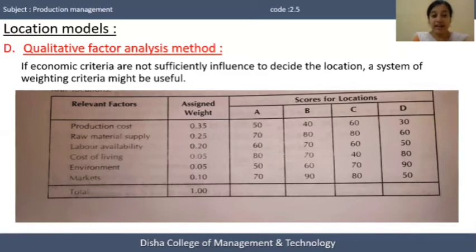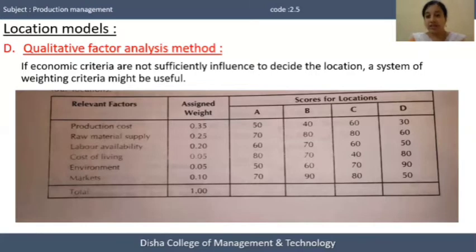After that, he assigns a particular weightage to the factors out of one. He has to assign the highest weight to a factor which is more important to them, and the sum of the weights must equal one. After that, he has to identify various alternate locations available to him, that is location A, location B, location C, and location D.